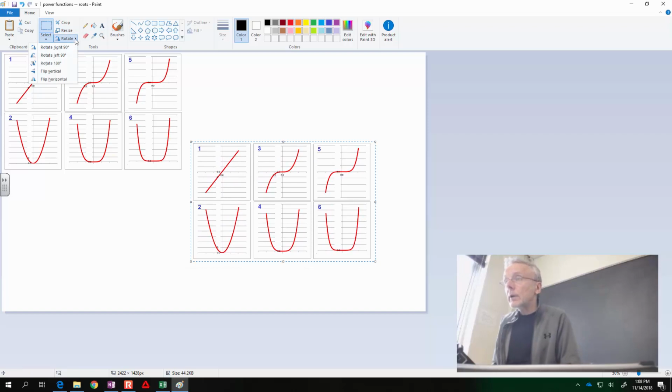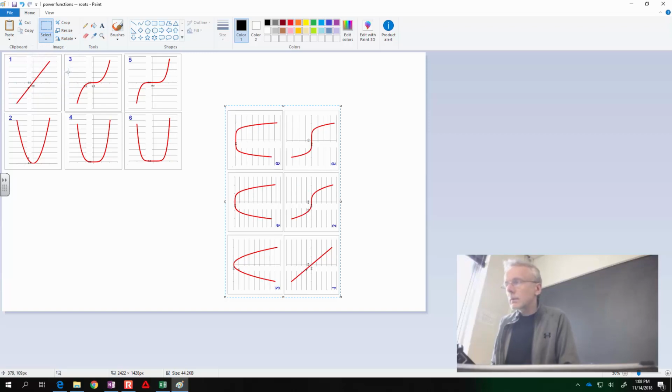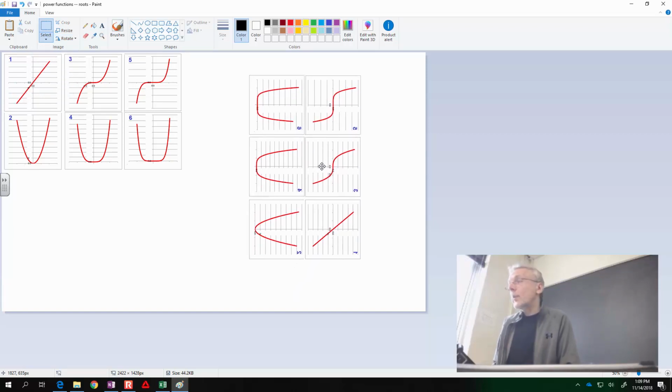First, I'm gonna rotate it 90 degrees clockwise, and then I'm gonna flip it. Okay, which way do I flip it? Vertical. Yeah. Okay. So these are supposed to be the inverses.